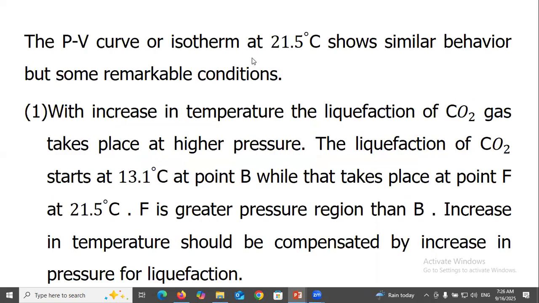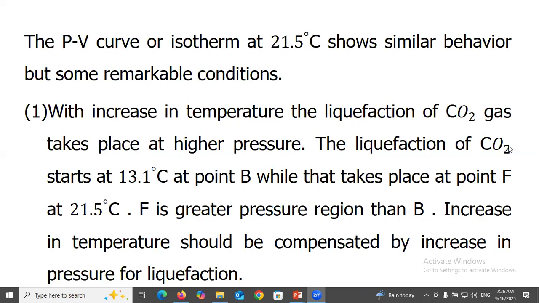The PV curve, or isotherm, at 21.5 degrees Celsius shows similar behavior but with some remarkable differences. With increase in temperature, the liquefaction of carbon dioxide gas takes place at higher pressure.